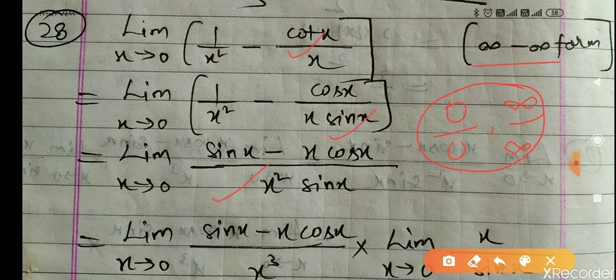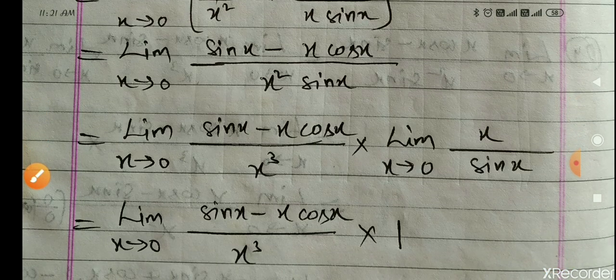Now I have taken the LCM: x square sin x minus x cos x upon x square sin x. Now you can see, previously you have done this question. Now again you separate the limit: x tends to 0, sin x minus x cos x upon x cubed multiplied by x upon sin x, limit x tends to 0 taken separately.